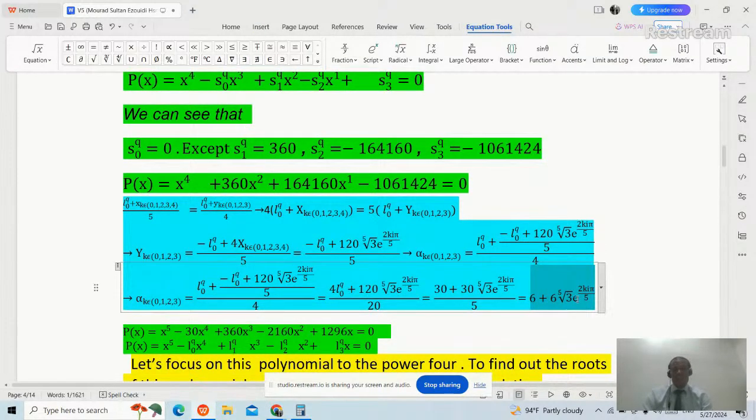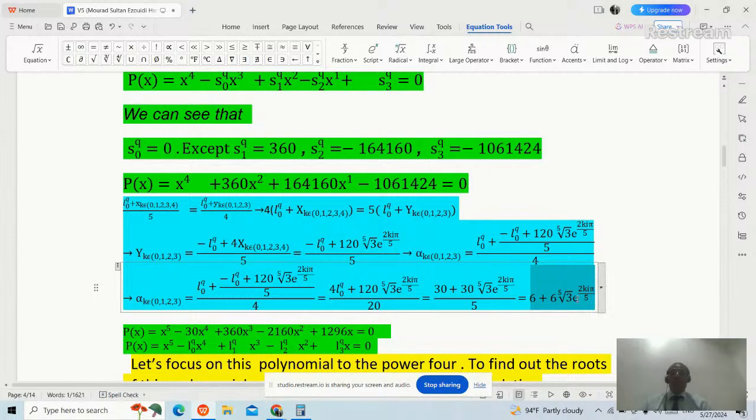You'll see the secret if you continue following the method. It's a very smart method, in fact. It contains many secrets, meaning that not only do you solve the polynomial, you fix the power and stop there. No, you can extend the power and get the same roots of the previous polynomials.